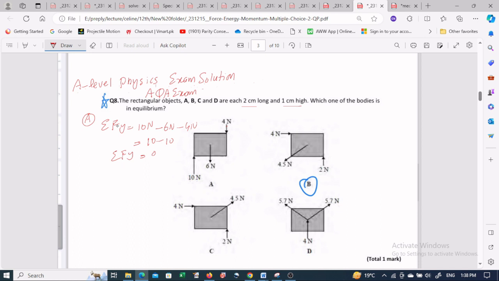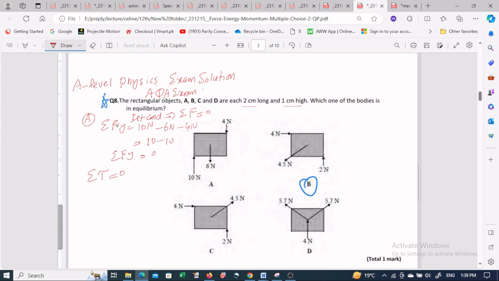So the sum of all forces along the y-axis is equal to 0. Although it satisfies the first condition, that the sum of all forces must be equal to 0, the horizontal forces as well as the vertical forces, the lines of action of the forces are different. There is another condition, that the sum of all moments must be equal to 0.